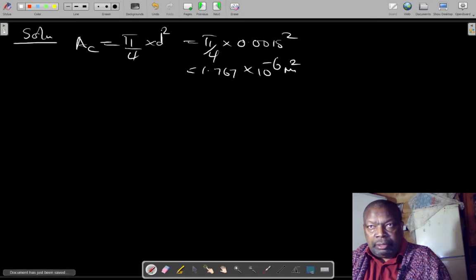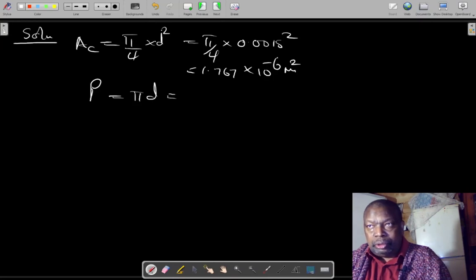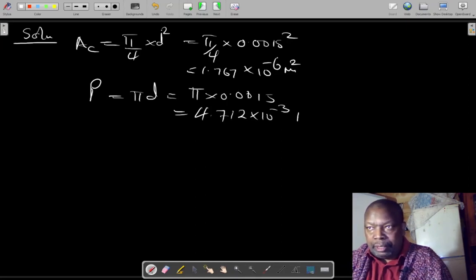And now we can also calculate the perimeter, which is equal to pi d, which is pi times 0.0015, and that is equal to 4.712 times 10 to the power of negative 3 meters.